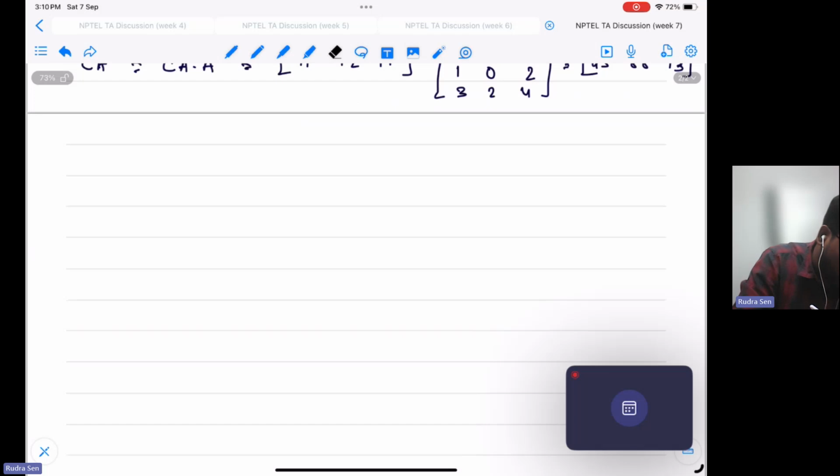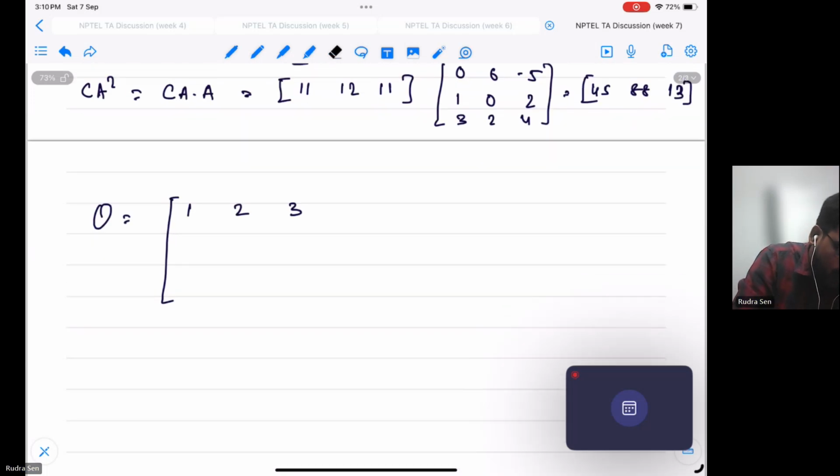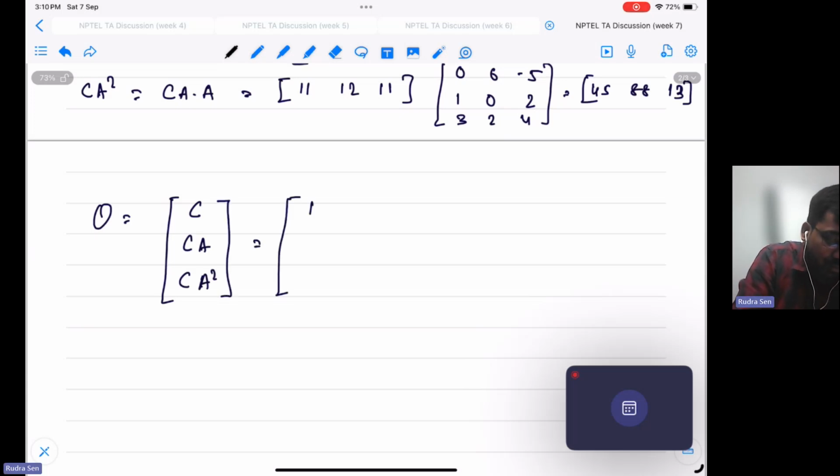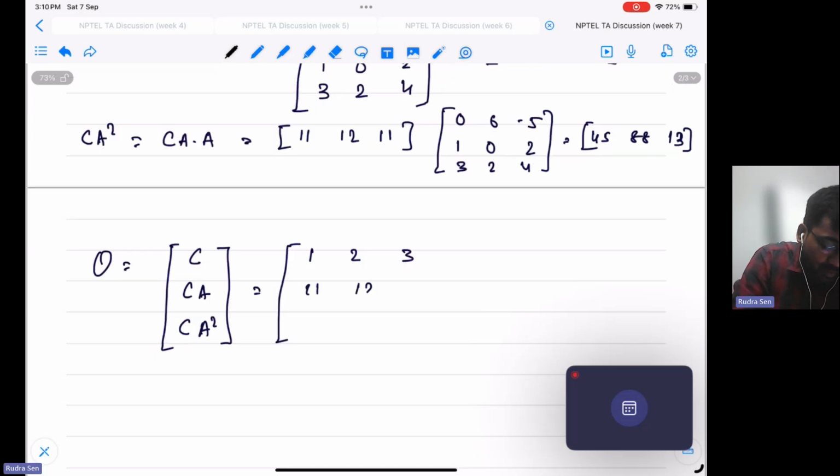So what you can do, the observability matrix O is C, CA, CA square, which equals 1, 2, 3, and then 11, 12, 11, and then 45, 88, 30.